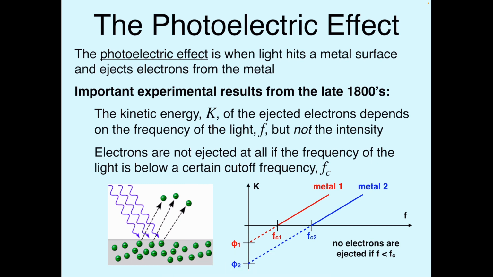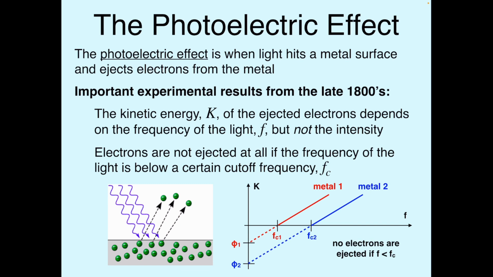Now, this is an effect that was studied experimentally a lot in the late 1800s. And there are two important experimental results that I want to highlight from all these different experiments that were going on at the time. So the first one is that the kinetic energy of the ejected electrons, we're going to call that K, depends on the frequency of the light that's hitting it. So that's F. But it does not depend on the intensity.